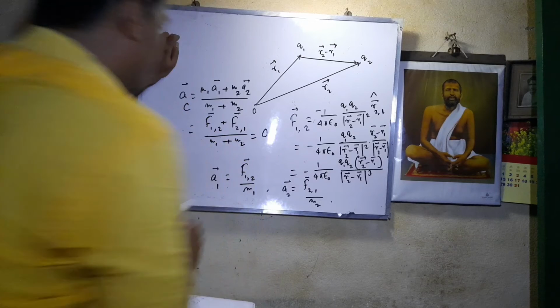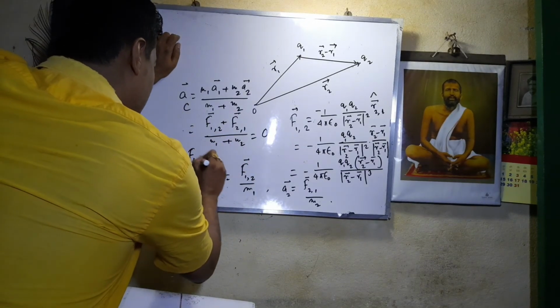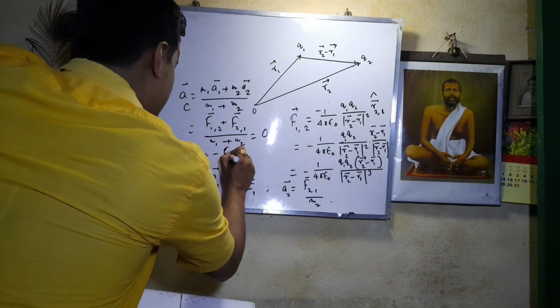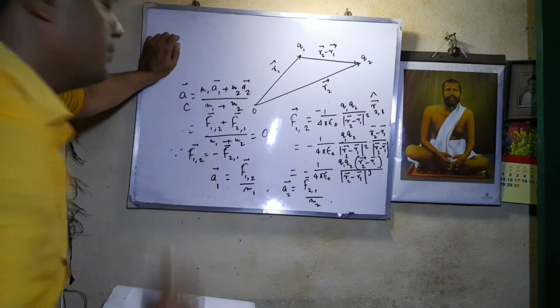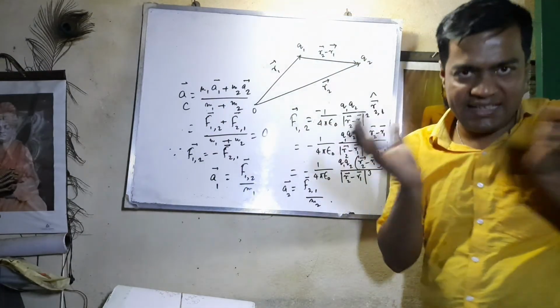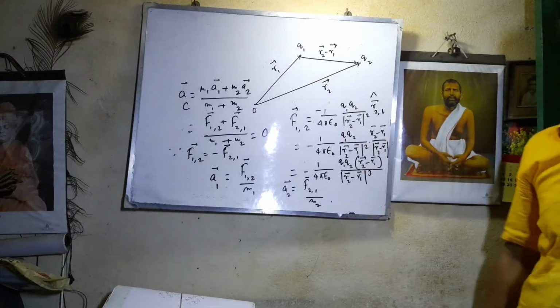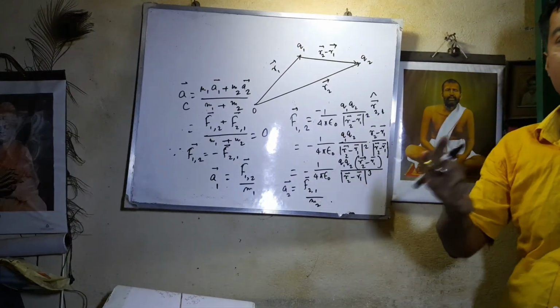It is 0. Why? Because according to Newton's third law of motion, F12 is nothing but minus of F21. So only the electrostatic force of interaction between two charges cannot produce any acceleration of the common center of mass of the charges.